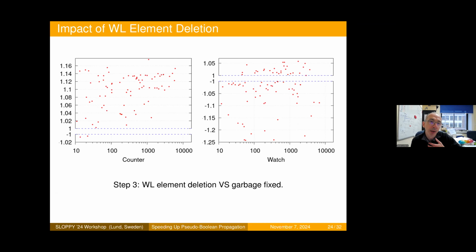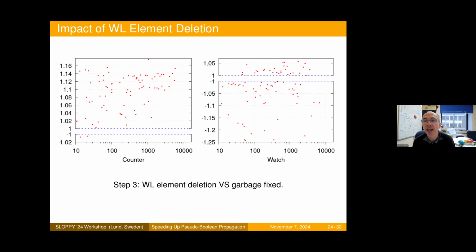So if you have a lot of clauses and a few cardinality constraints or pseudo-Boolean constraints, is it important to really represent each constraint with a very specific data structure, or can it be done at the instance level?